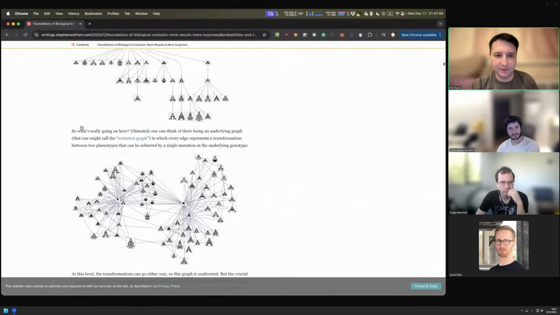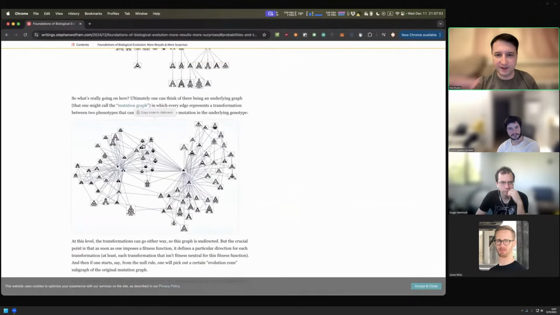That's the genotype. But the phenotype is the picture that it produces from the initial black cell. Multiple rules can produce the same picture. So in a way, you can mutate the genotype, mutate the rule, without changing its phenotype, so the fitness stays the same. So to a single picture in this mutation graph, there may be multiple genotypes associated.